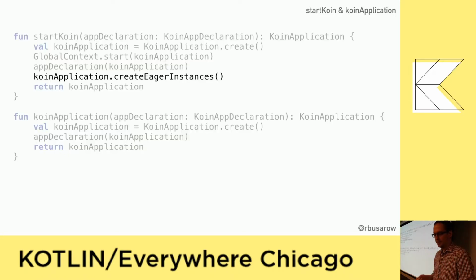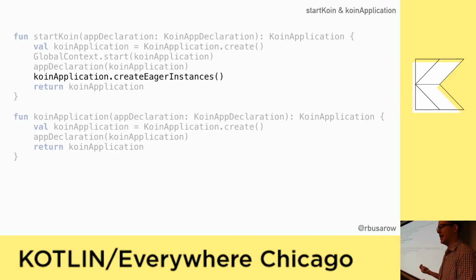What it also does is really interesting. It creates clear instances. When you're defining your boundaries in the dependency graph, you can set a flag which says, all right, this class, which is a singleton, is also a God class, and I need it to be initialized right away and start doing its thing without even asking for it. Just do it.